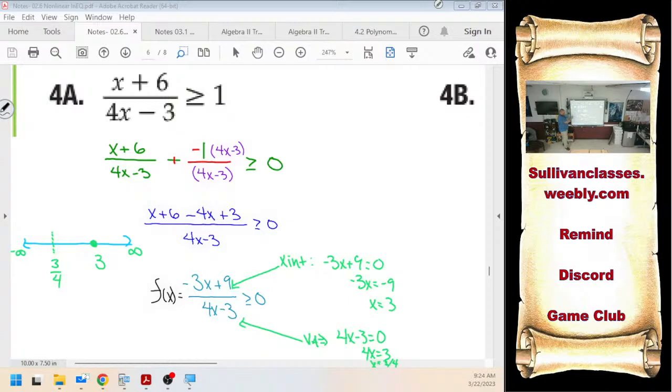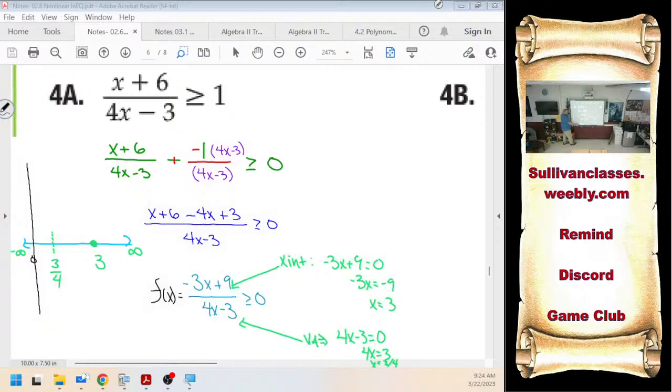So we have a y-axis here, right? No, I'm just showing you how I'm going to get it without plugging in any numbers. I'm not going to look at my calculator. I'm just going to know the behavior of the graph. You can look at the graph to just determine positive, negative.